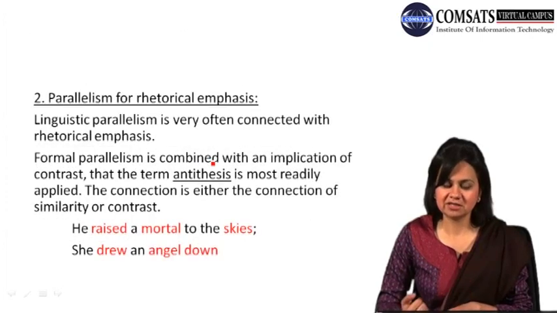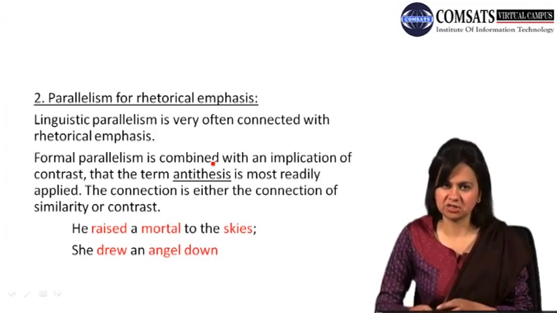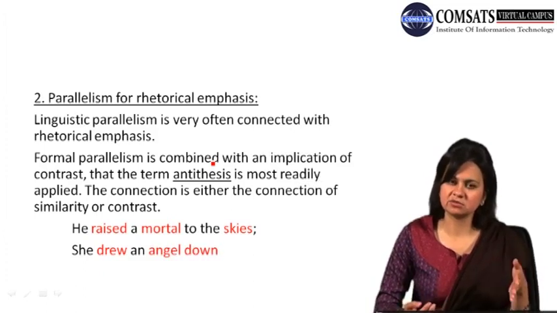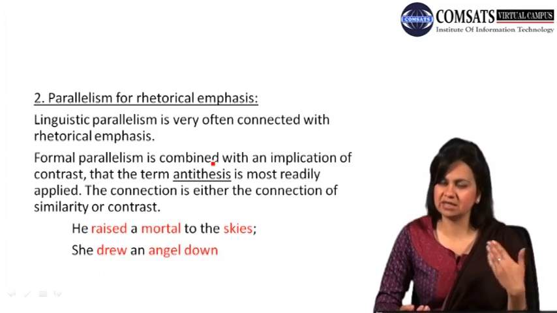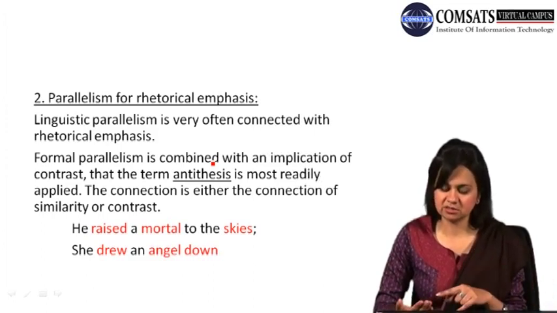Then you look at the example: he raised a mortal to the skies, she drew an angel down. Here also the identity is between the actions, the action of responsibility or controlling somebody's life. There is similarity between the subjects, who are humans. It's not that one is a man and another is an animal, or one is God and another a mortal being. Similarity at the level of subject, as they are both humans.